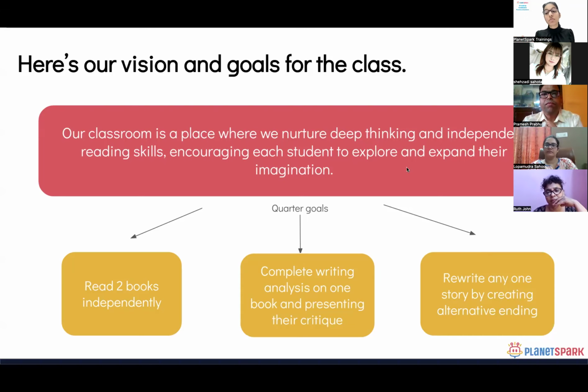Women are doing so much more, and the story is still written like the classic. It's a classic, yet taking us many years backward. So maybe presenting that critique, they have to think on their own. And lastly, which part of the vision is it addressing? Expanding the imagination, thinking beyond, because they need to rewrite the alternative ending, as in the lessons you had also worked on. There they will need to use their imagination.